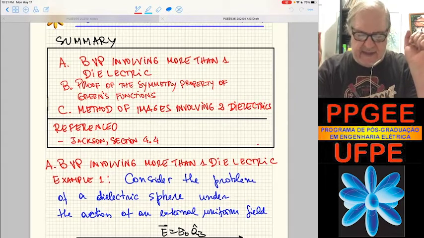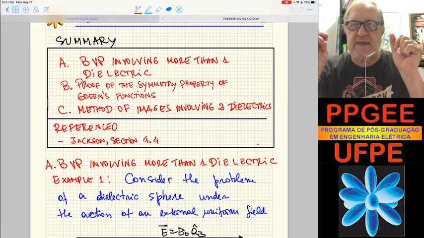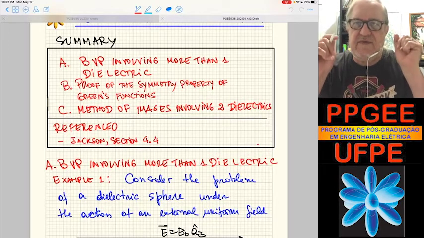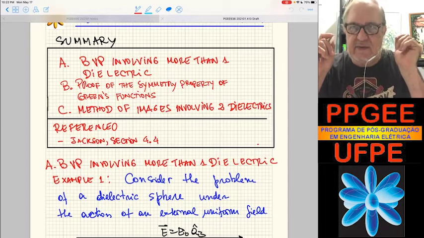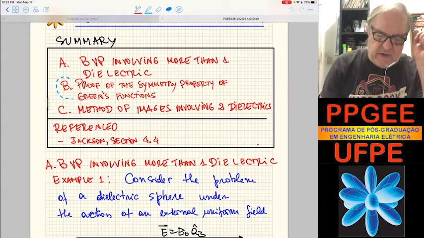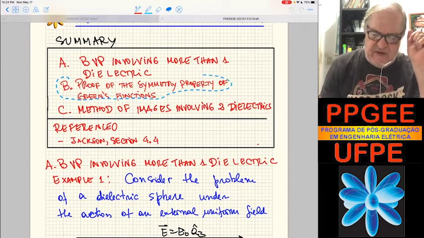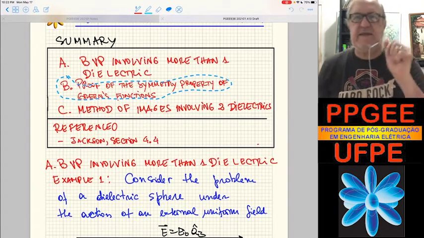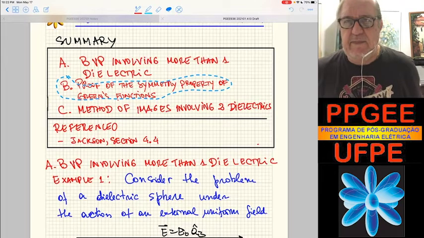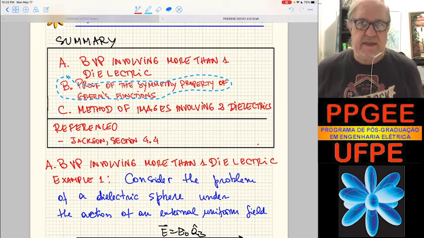But it's important to see in what situations Green's function is symmetric indeed. So we are going to make a proof of the symmetry property. Let's see for what type of BVPs this function has a symmetry.